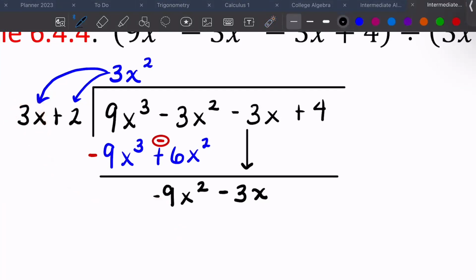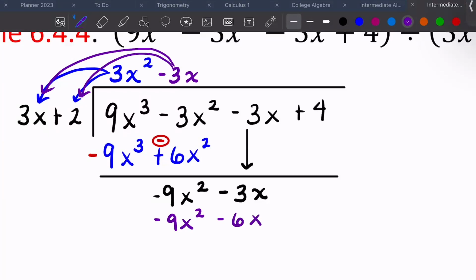Okay, so we need to multiply by -3. That gives us -9x. x times x is x squared. Now we multiply. So you get -9x squared minus 6x.